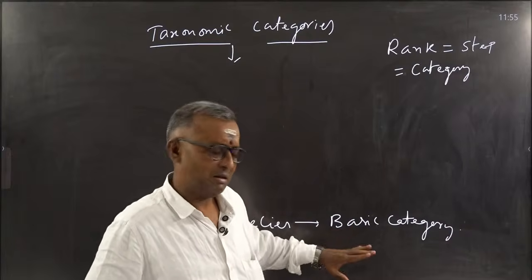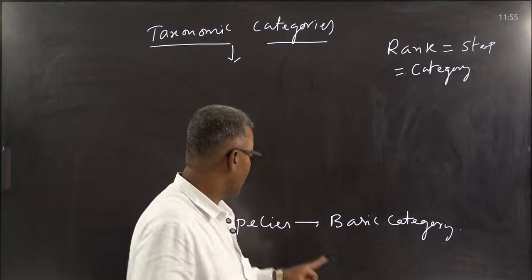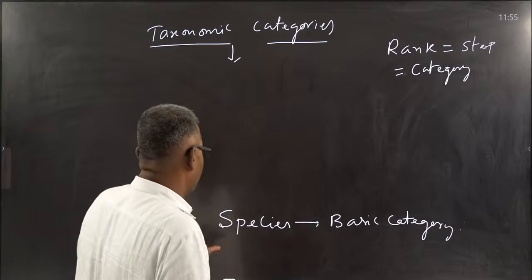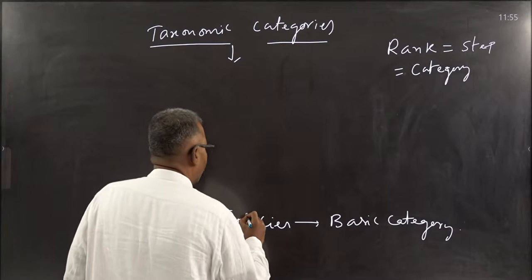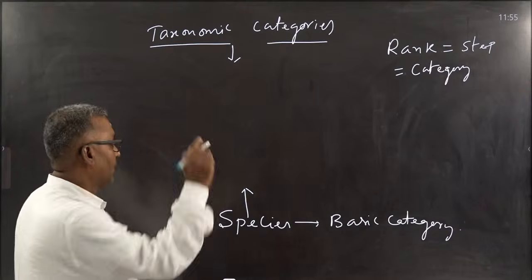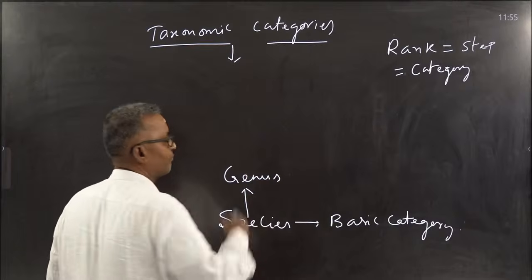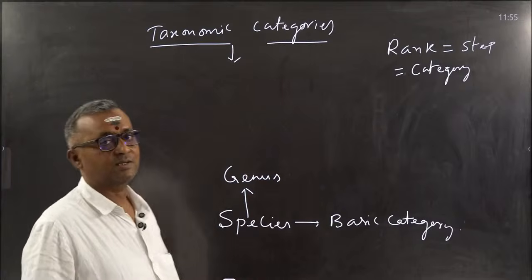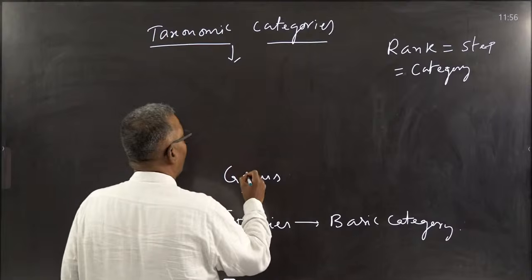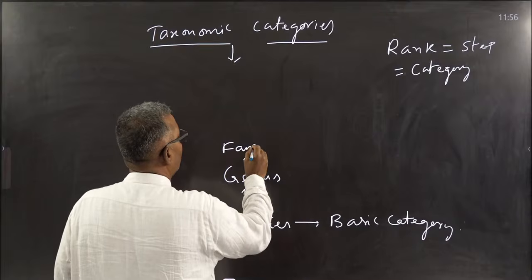They are almost exactly similar, fundamentally similar. Where? At the species level. Different species are included under genus. Genus is the next level of category. Different genera are included under a family.